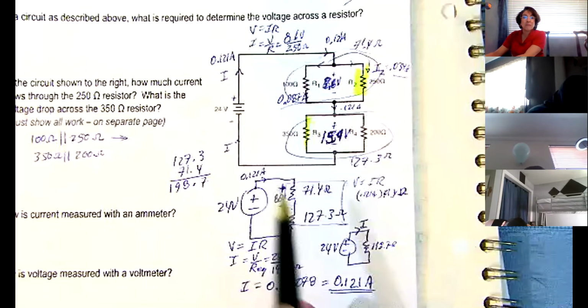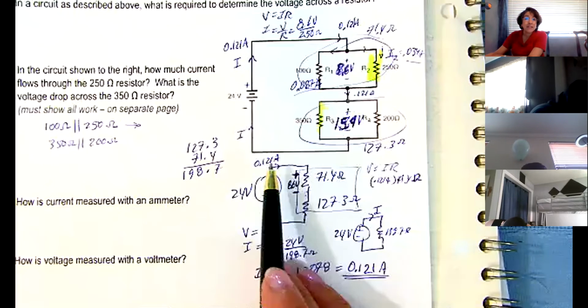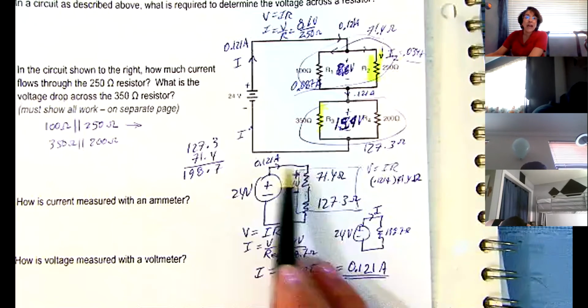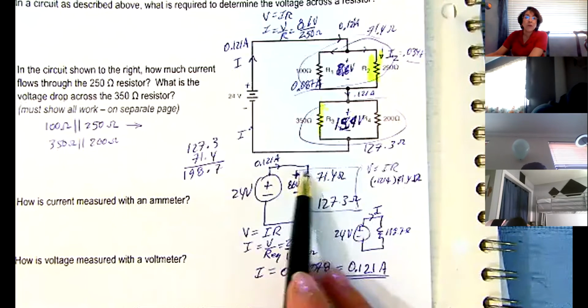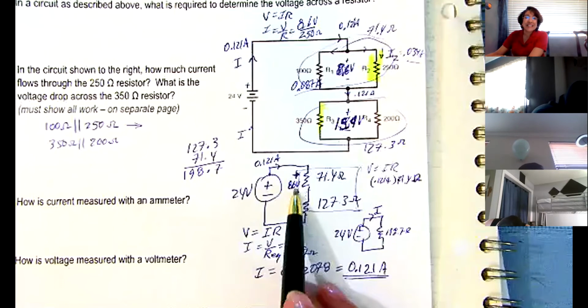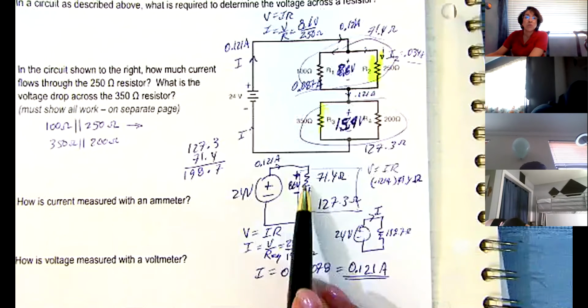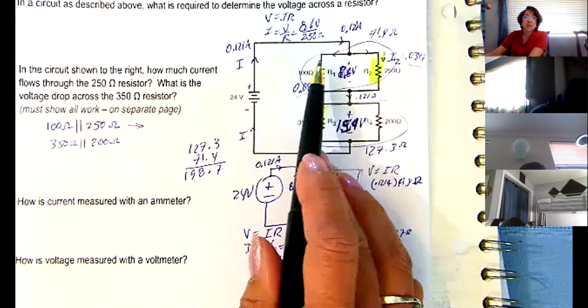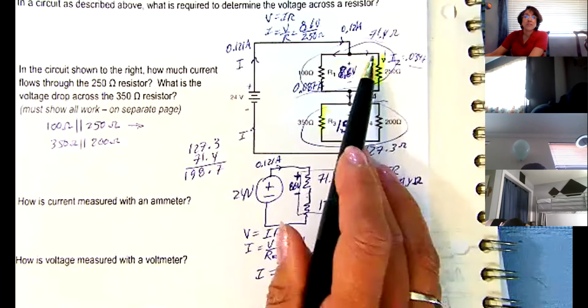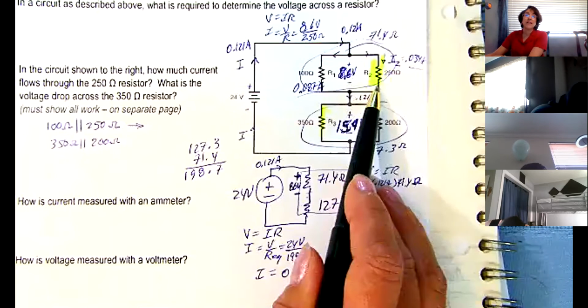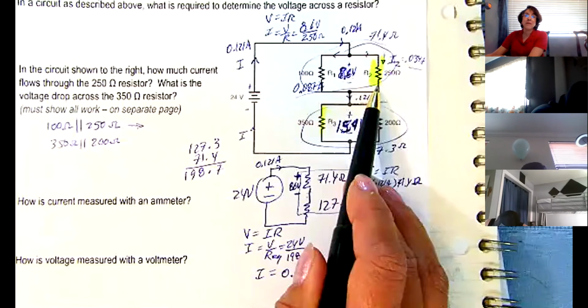But it's a good idea to come back to this one first, because once I figured out that I have current 0.121 amps to this equivalent resistance of 71.4, I was able to determine what the voltage was, which is 8.6. So 8.6 is across this resistor, and 8.6 is across this resistor, the one I highlighted. Okay.